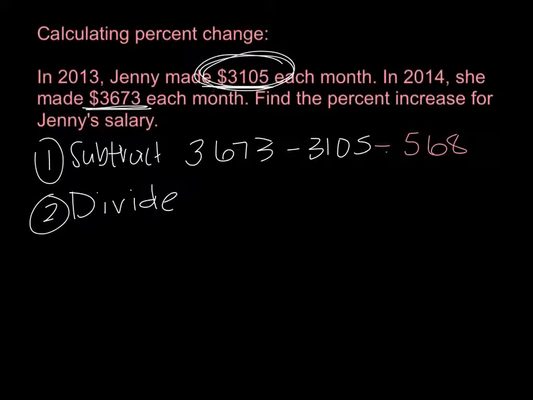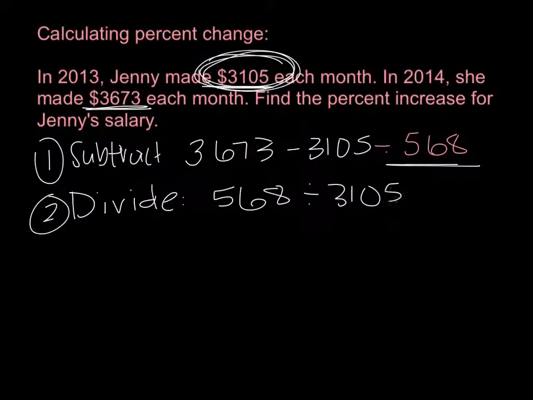So this is what she started with. So we're going to divide the number from step 1, 568, divided by her starting value, 3,105. And you should get 0.182, and just round to 3 decimal places.